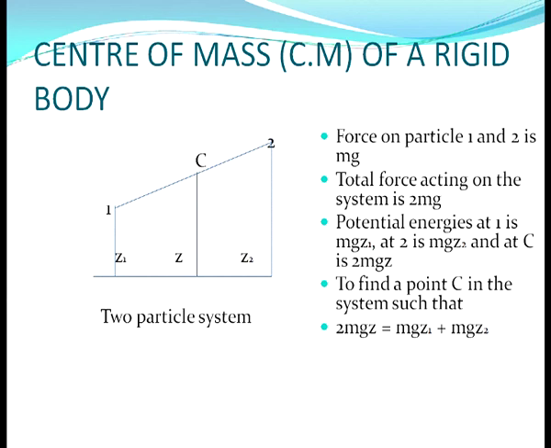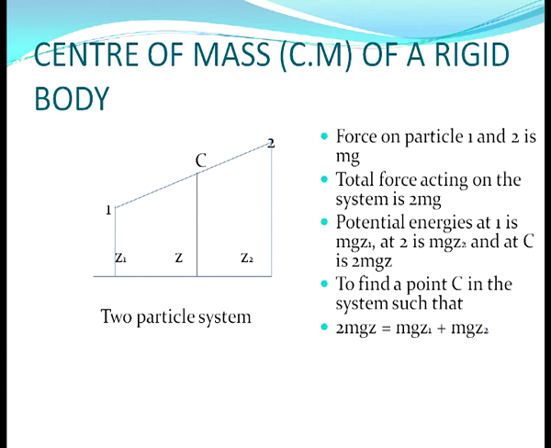The force on particles 1 and 2 is mg each and the total force acting on the system is 2mg. If we calculate the potential energies, at 1 it is mgz1 while at 2 it is mgz2. Similarly, at point C we have the potential energy as 2mgz.